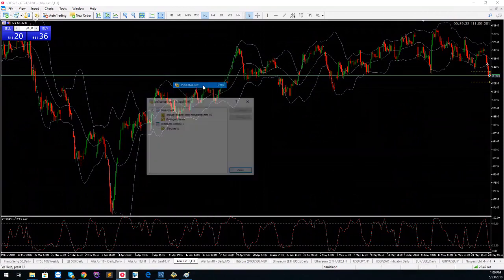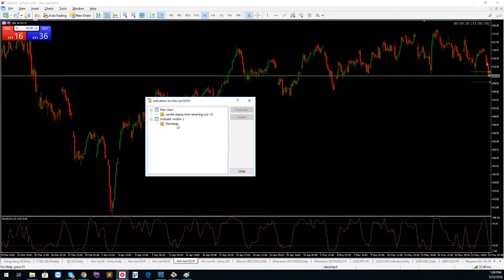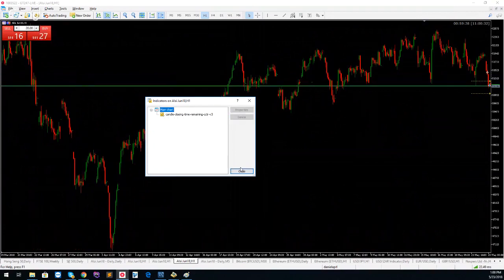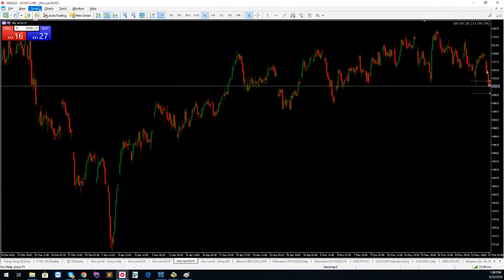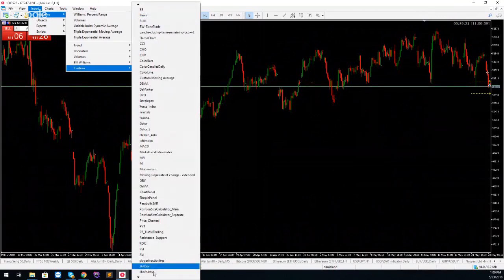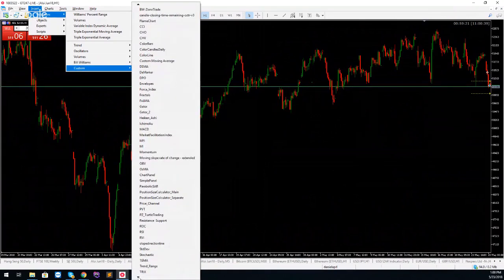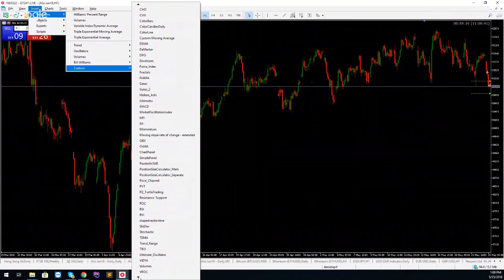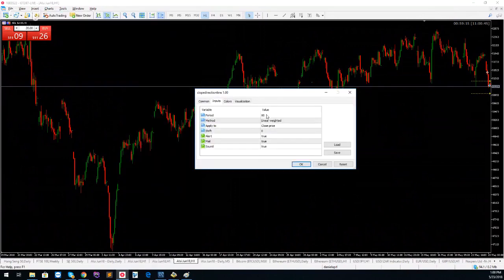So the next indicator we're going to use is called a slope direction. Okay, so you go Insert, Custom, and then there should be, where's my slope directional line? Slope directional line. There we go. And we're going to do this over 89 days.